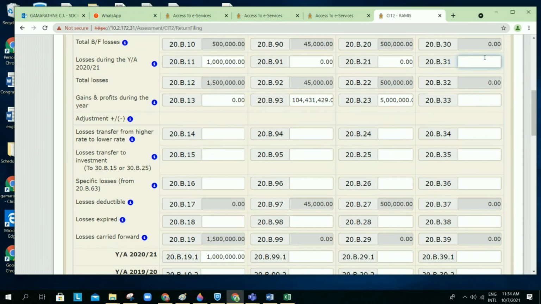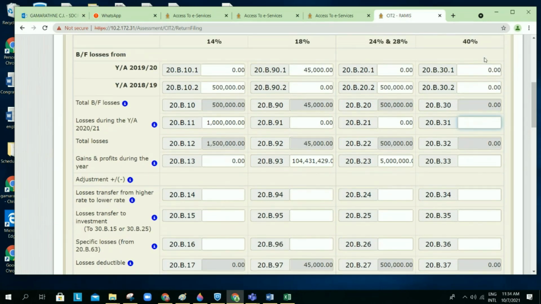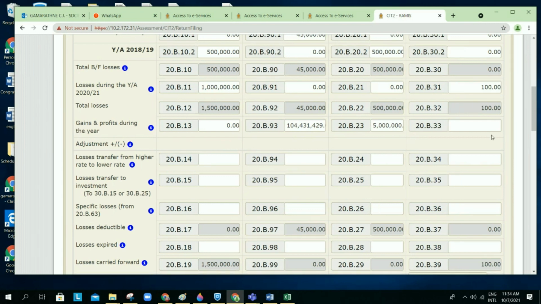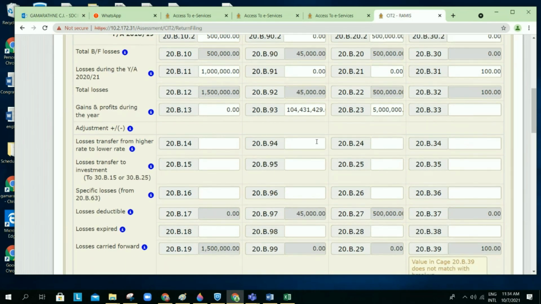As for our example, we do not have a 40% loss amount, but for instruction purposes I have entered some value. At the 40% rate, there is a 100 rupee loss available. Then I have balance profit here, so we can claim these losses against the lower rate profit.